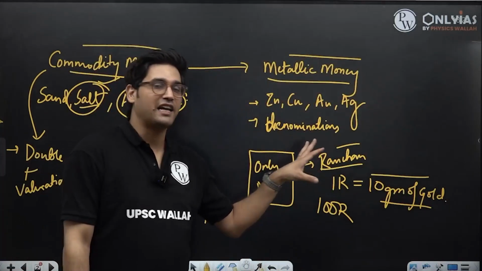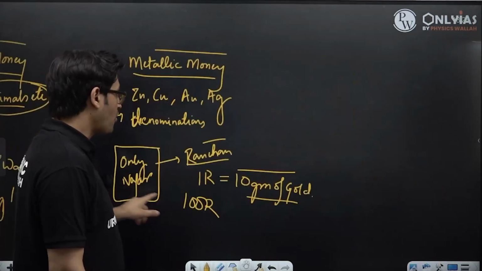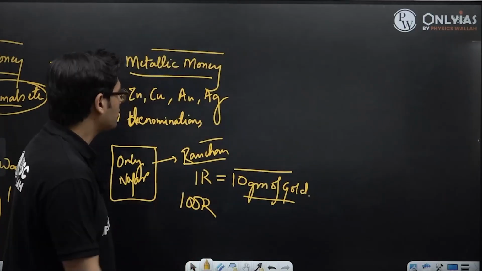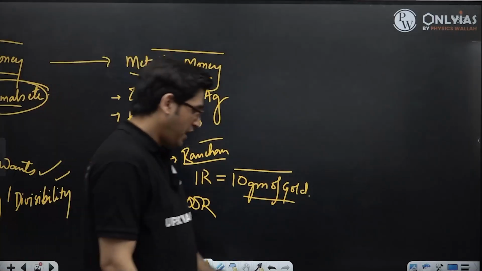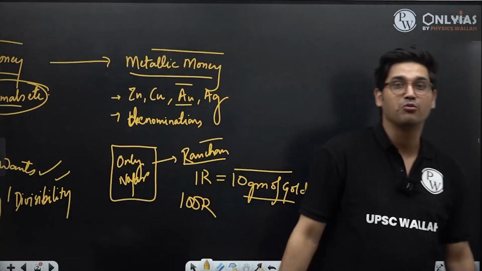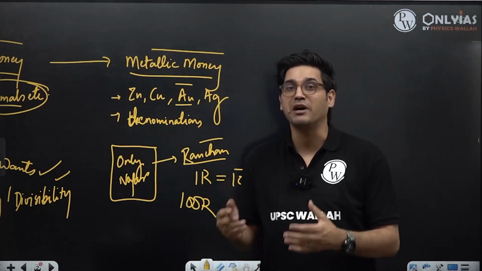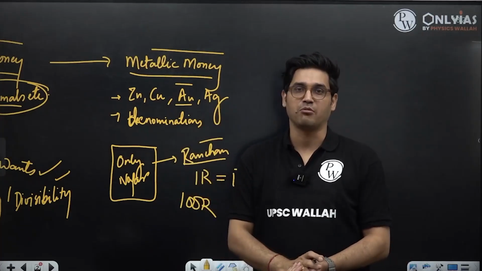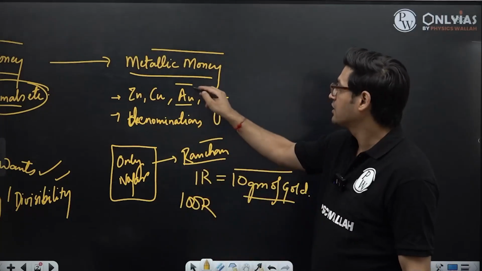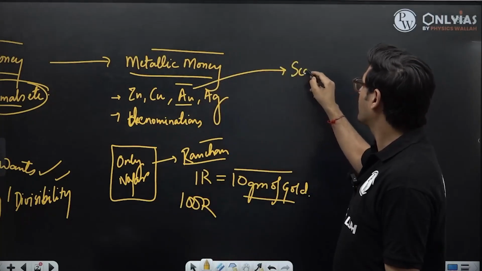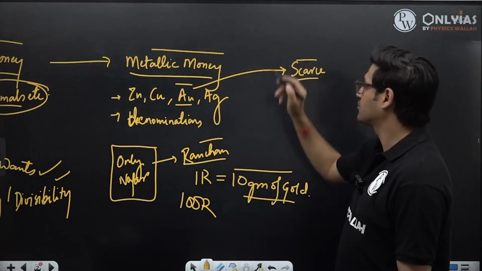And in metallic money, the most commonly accepted metal which became money was gold. Why was it that gold became the most commonly accepted money in metallic money formats? The reason is very, very simple. One, gold is very, very scarce.